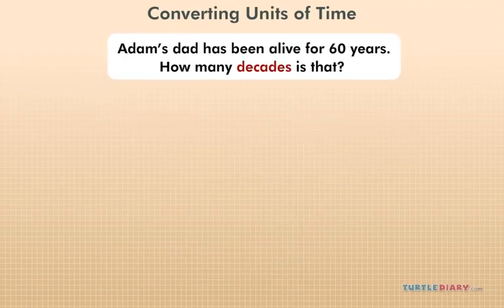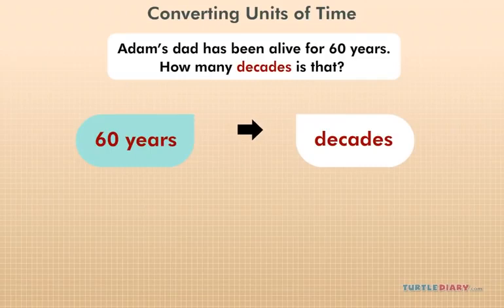Adam's dad has been alive for 60 years. How many decades is that? We are trying to convert 60 years into decades. Years are smaller than decades, so we're going from small to large.